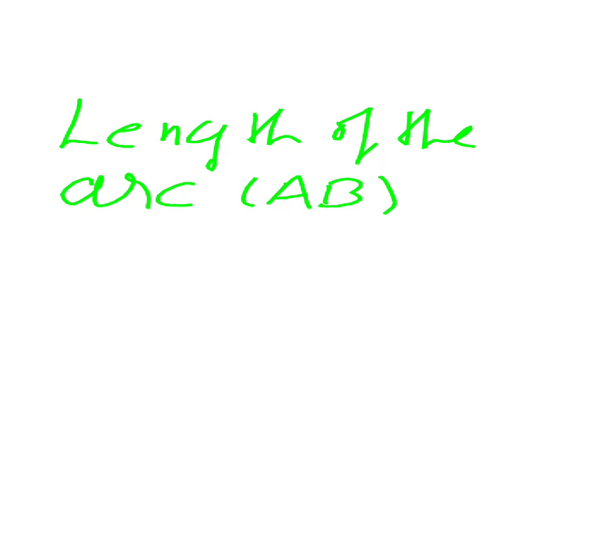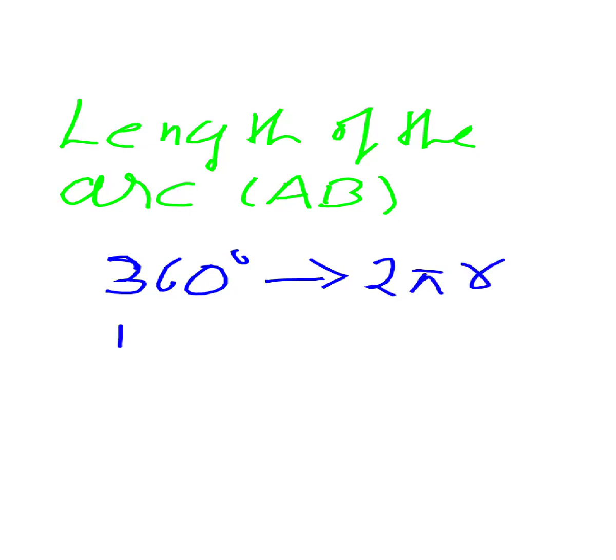So the same thing goes over here also. For 360 degrees, what is the full arc, which is the perimeter? 2 pi r for the whole circle. For 1 degree it will come out to be 2 pi r divided by 360.